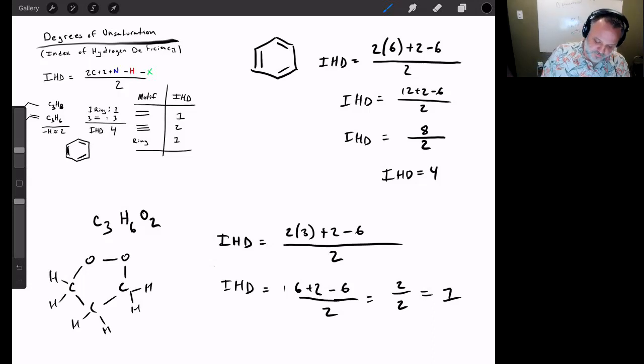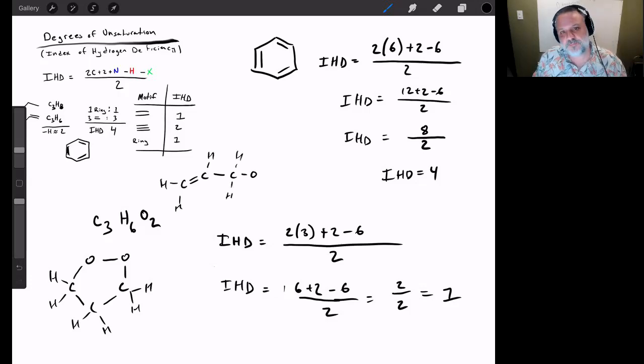So what's another possibility? I could have a ring, I could have a double bond. Well, let's think about maybe the double bond is between 2 carbons. So H, H, C, H. And then if I give everybody an octet, oh man, it's O2. Ugh, let's back this up then.